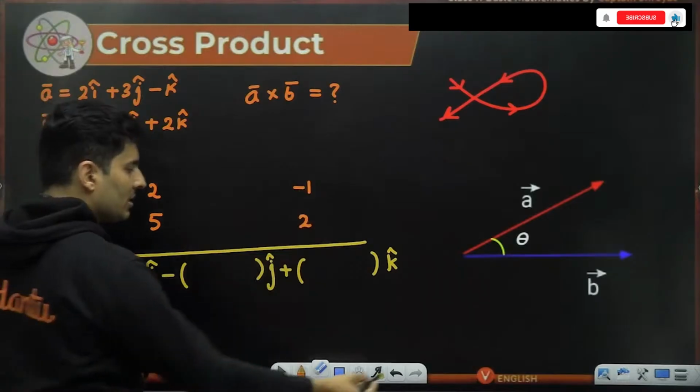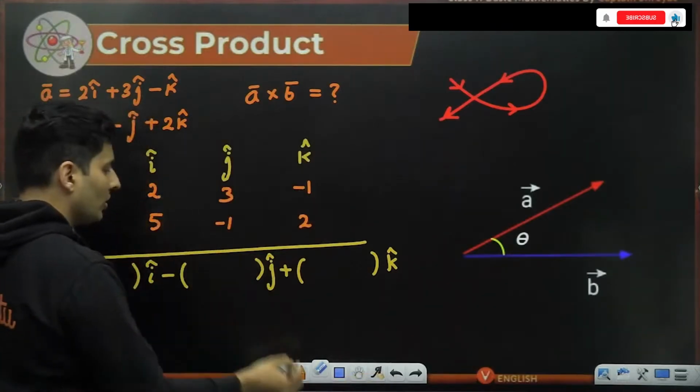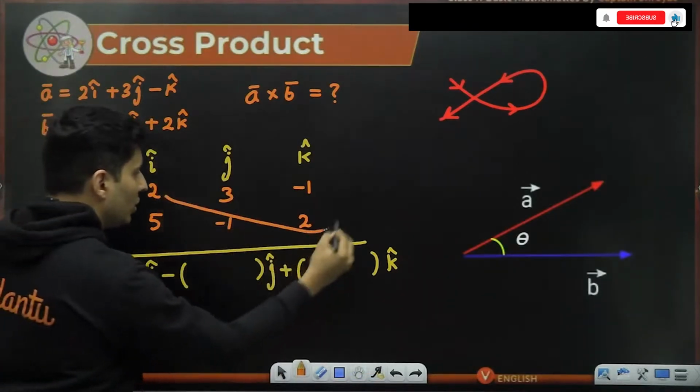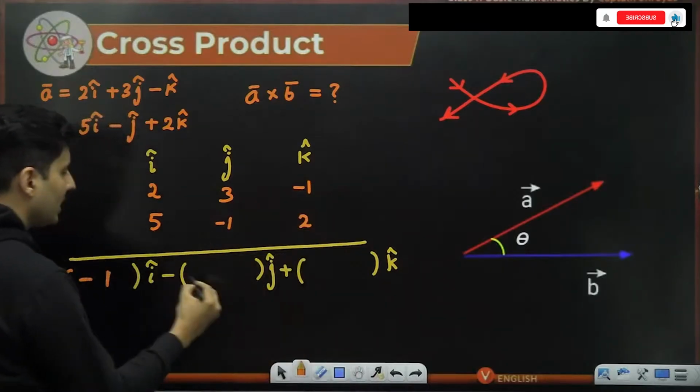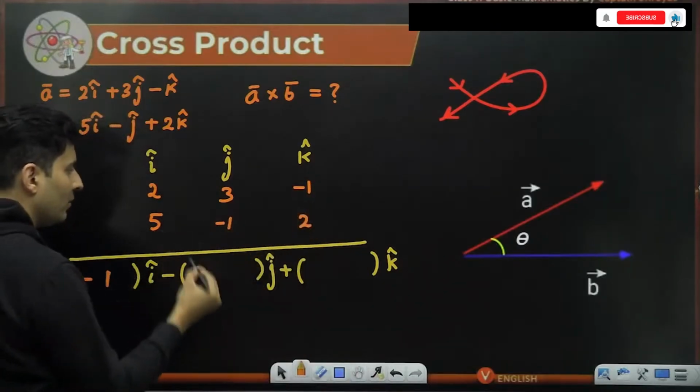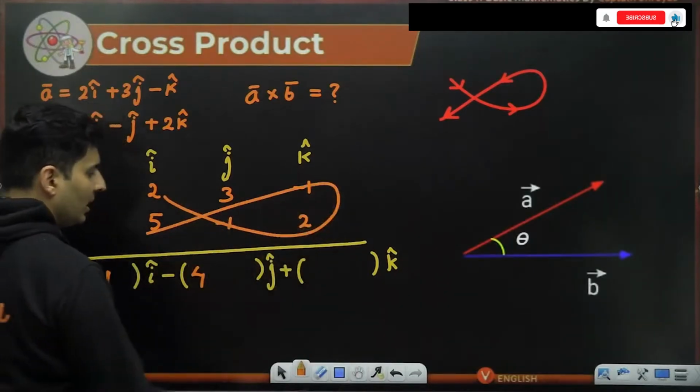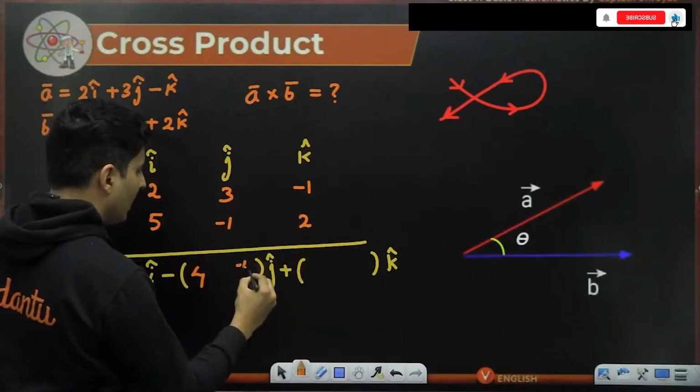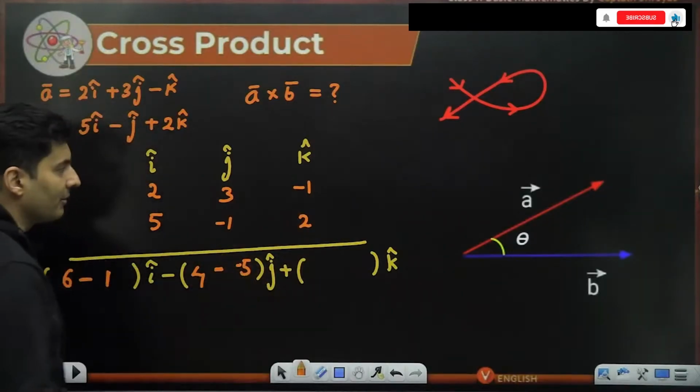Just these numbers. That's all. So what will you do? 2 into 2 is nothing but 4, minus 1 into 5 is nothing but minus 5, and put a minus sign over here.